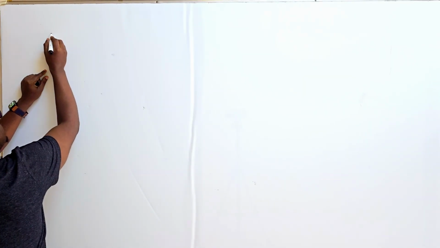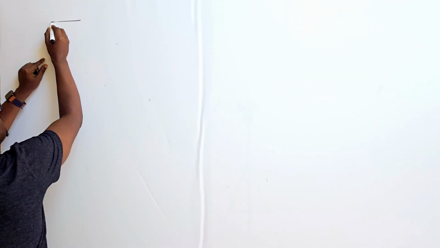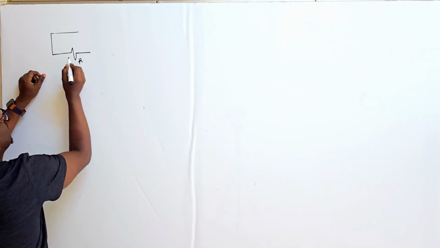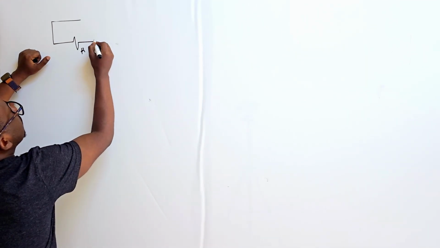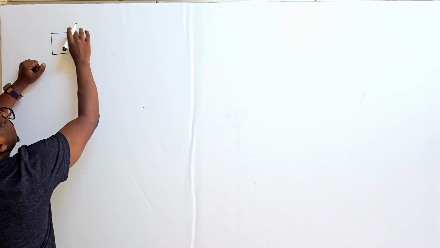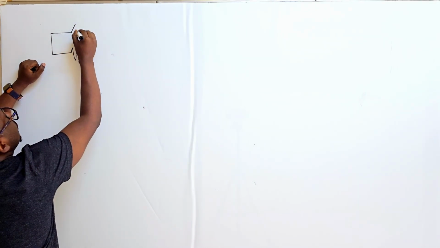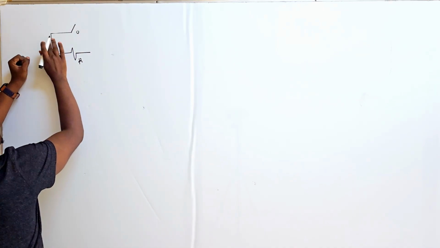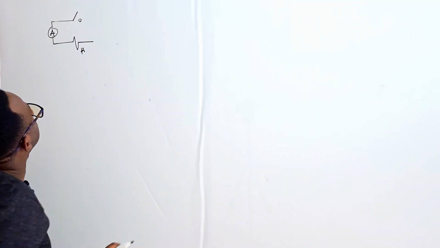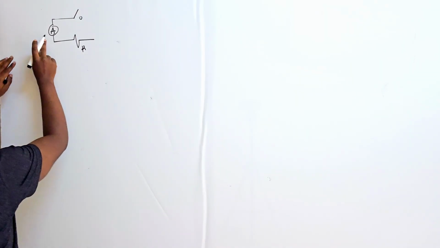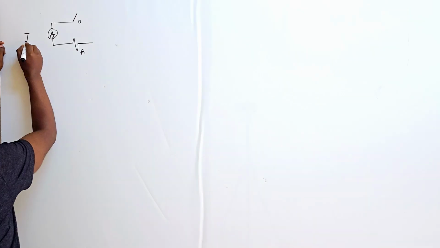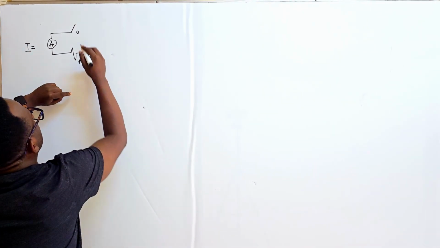Let's say we have a resistive load like so. We have a switch right around there, and right around here we have a current measuring device. It's going to be giving us current values in amps.